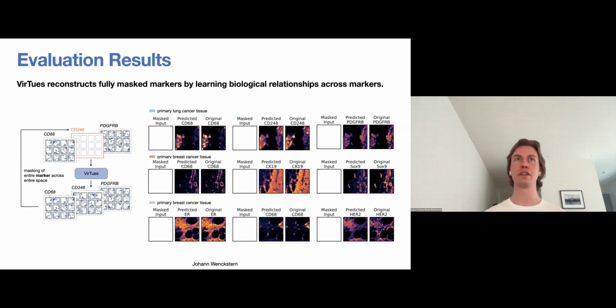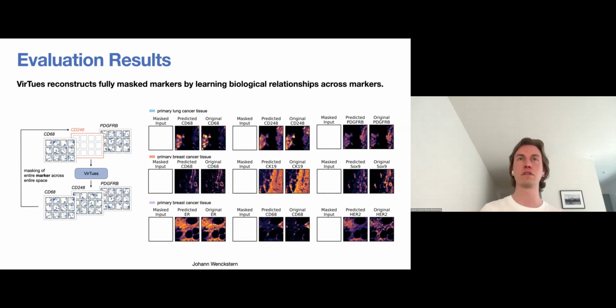This was our first takeaway, though, that VirTues learns biological relationships across and between markers. Moreover, this task is very informative for representation quality already, because I mentioned that in order to decode, let's say CD68, the decoder only gets the cell summary tokens and the visible tokens of CD68.